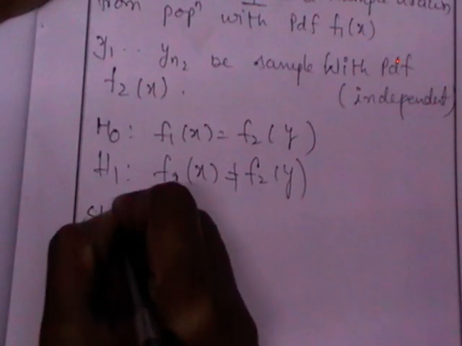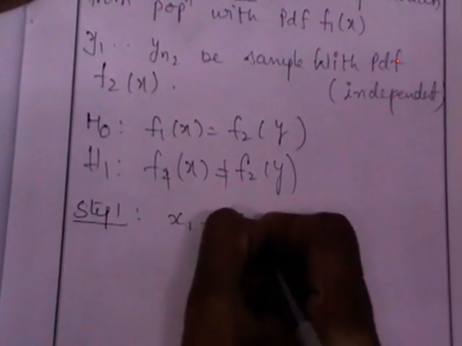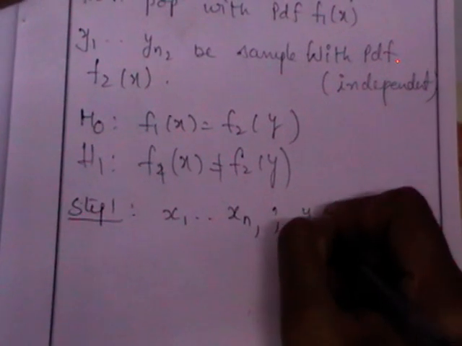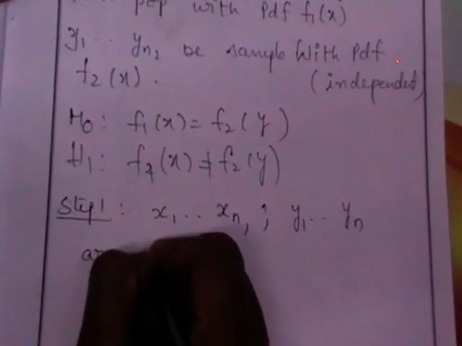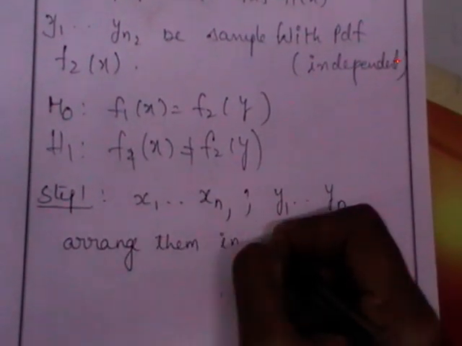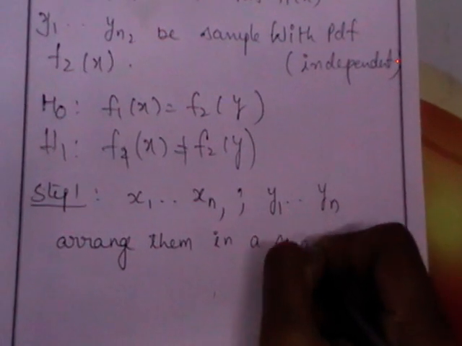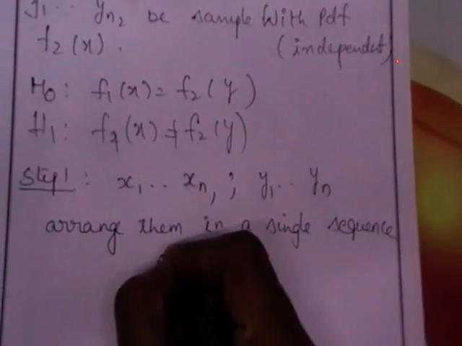To define that, what you need to do is arrange these two samples given to you, x1, x2, ..., xn1 and y1, y2, ..., yn2, together in a single sequence, either in ascending or descending order.